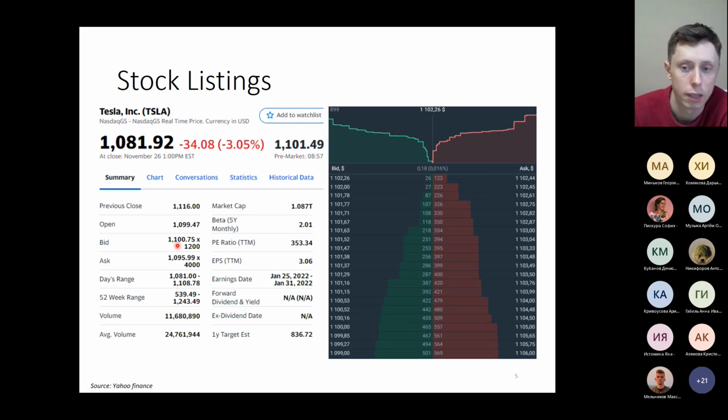Bid, ask prices. So this is on the right side. This is the order book, and this bid ask is information about the best offers for sale and for purchasing. The day range, the 52-week range, and others. This is the range, the lowest and the highest price in that period.